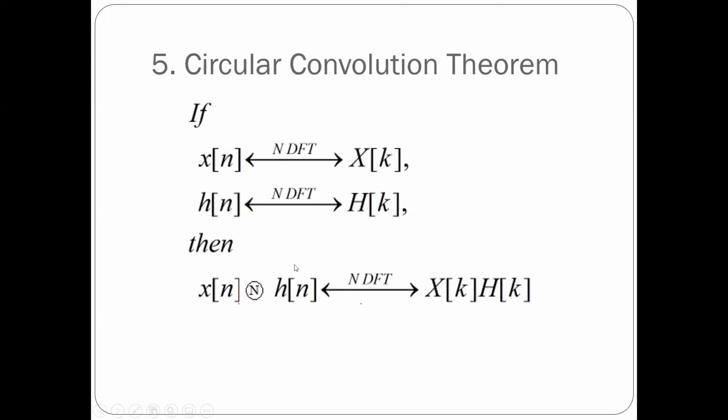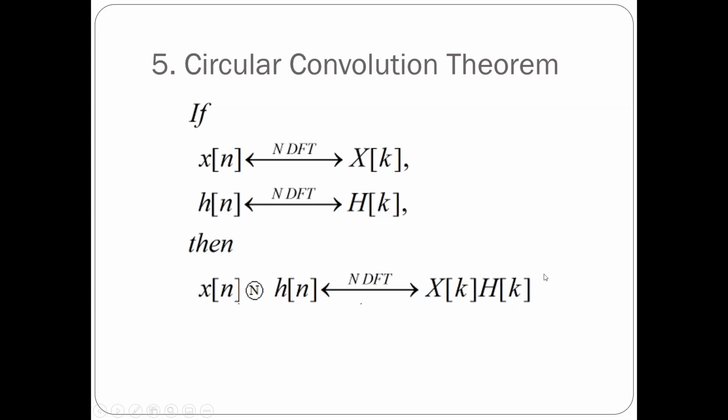So this means that we can implement the circular convolution via a roundabout method in the frequency domain by, first of all, computing X of k from x of n. That is, by taking an N-point DFT, you can get X of k. Taking an N-point DFT of h of n, you can compute H of k. Then you can multiply X of k and H of k. We will call this product Y of k.